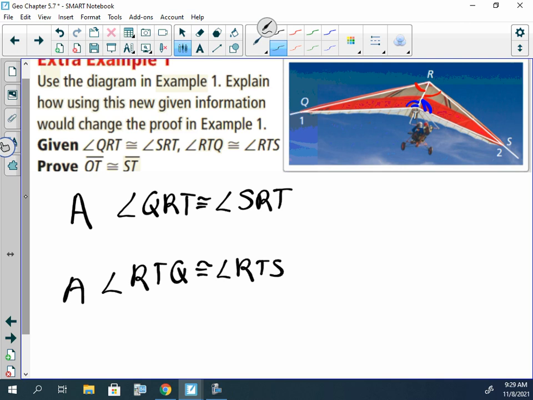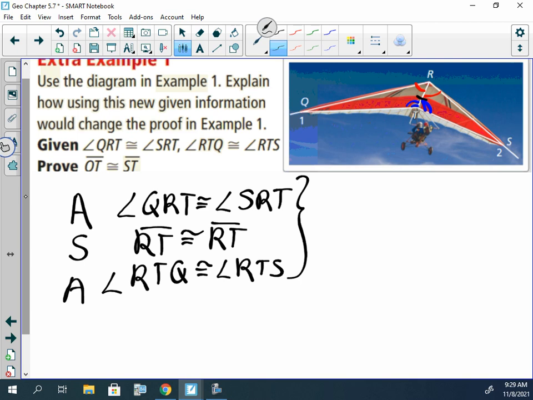That's how we knew that these were congruent. They were given. Now we just need a side length. What side length is congruent in both figures? Now that side length is in the middle of the two angles, yes? So it would be angle, side, angle.